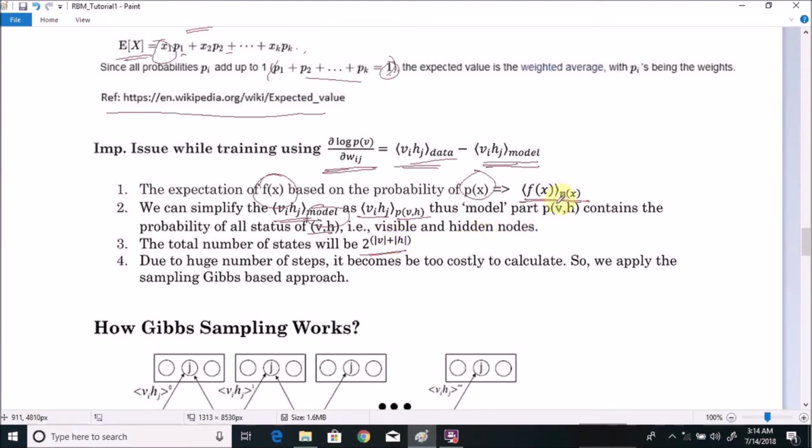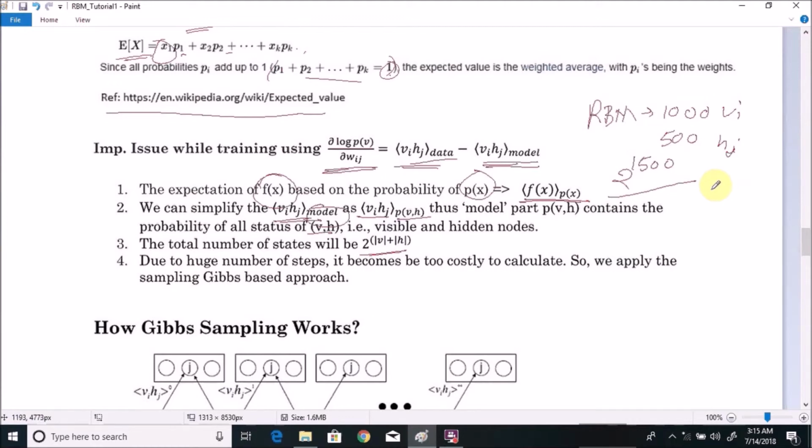Now suppose an RBM having 1000 visible units and 500 hidden units, then in that case the total number of states will be equal to 2 to the power 1500.